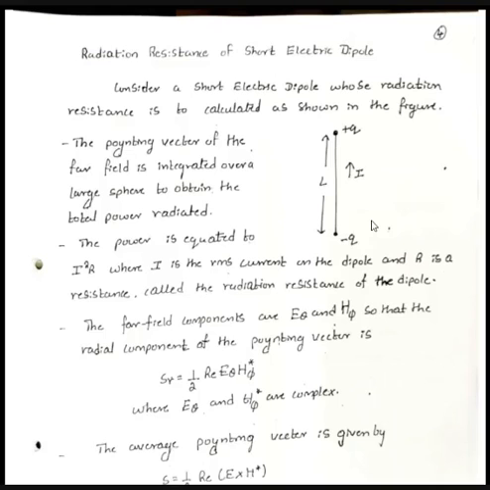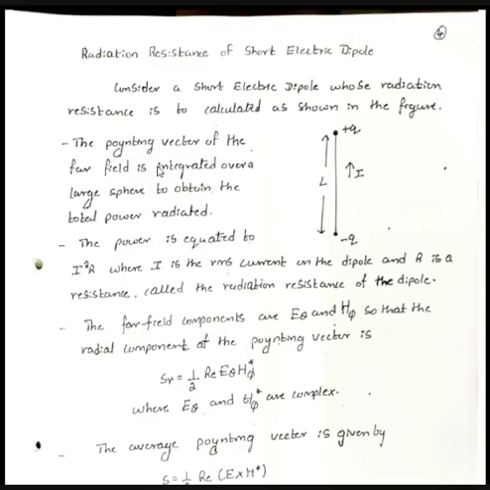The next point which I'm going to mention is regarding the Poynting vector. So what is this Poynting vector? The Poynting vector is nothing but what gives us the magnitude and the direction of the energy flow. We calculate the Poynting vector of the far field, integrated over a large sphere, to obtain the total power radiated.